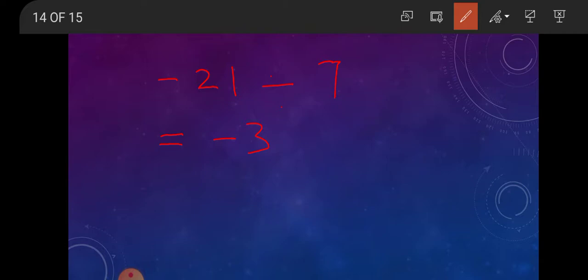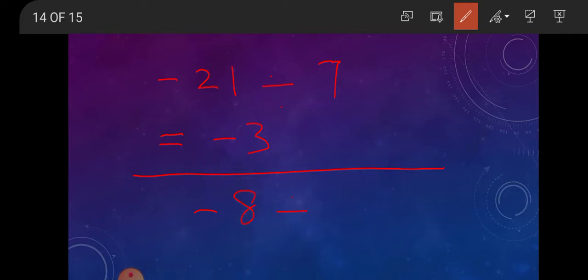In the same way, in division, a negative sign divided by a positive sign gives a negative sign. So -21 divided by 7 gives us -3. Hope you got that.